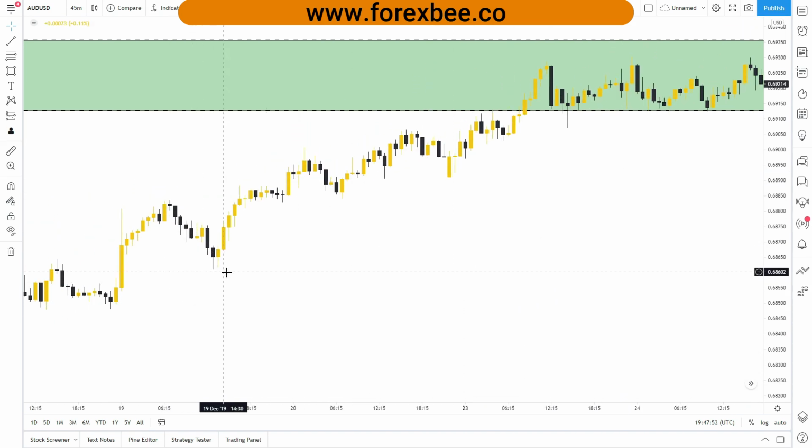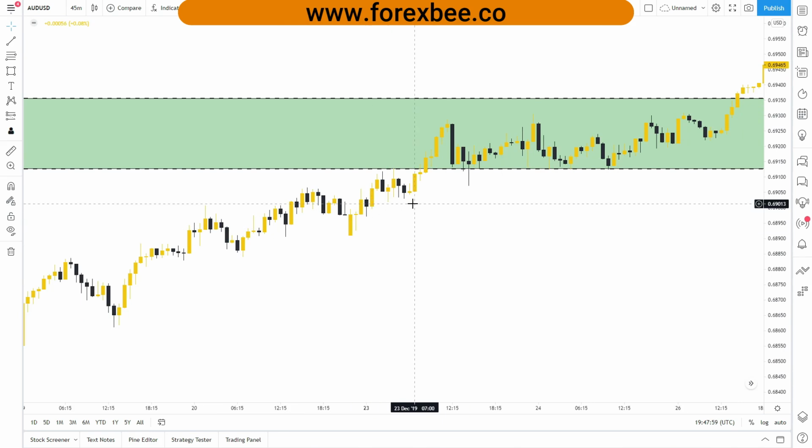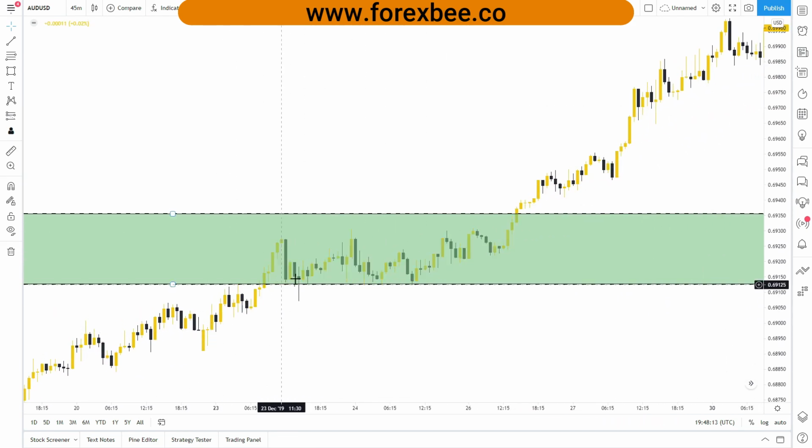We need to look for a pattern here that is either a bearish engulfing or a pin bar that is touching our zone. So actually what happened here is the price went through our resistance zone. So this resistance zone was broken by the price.